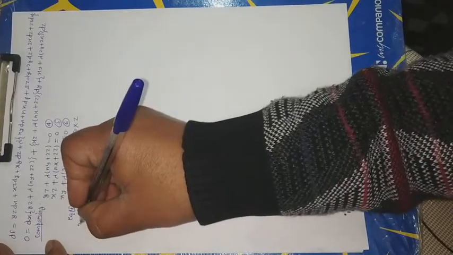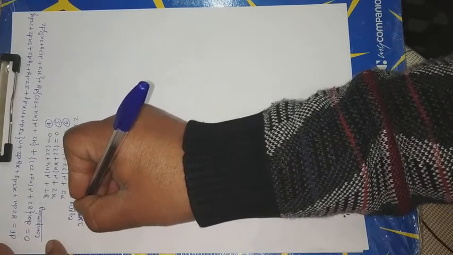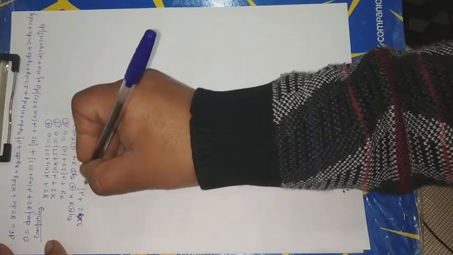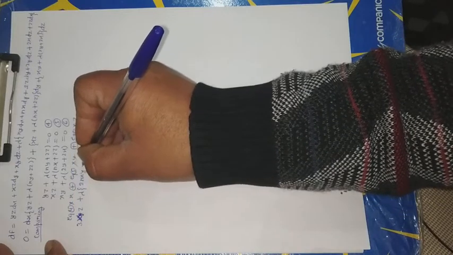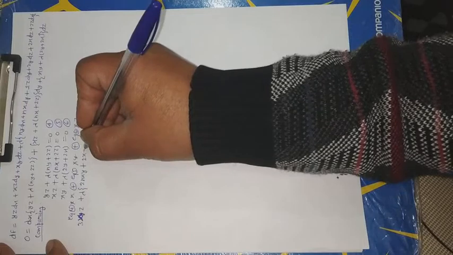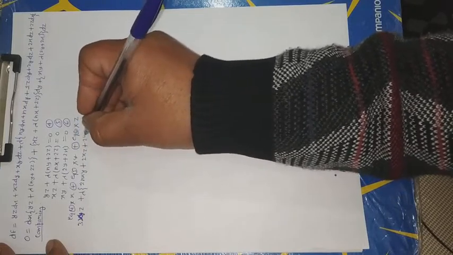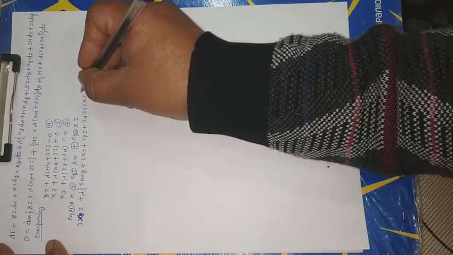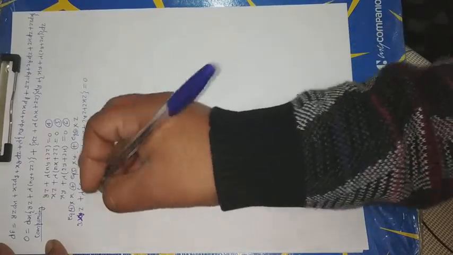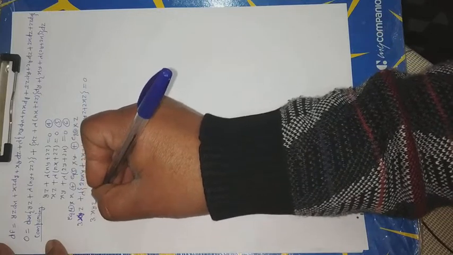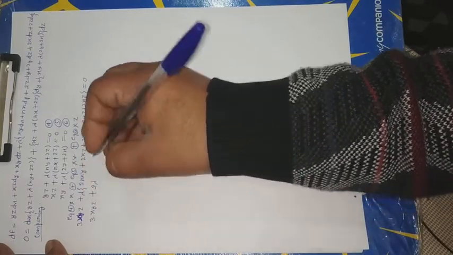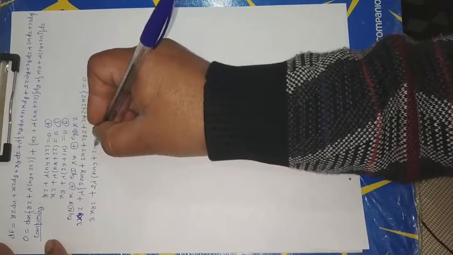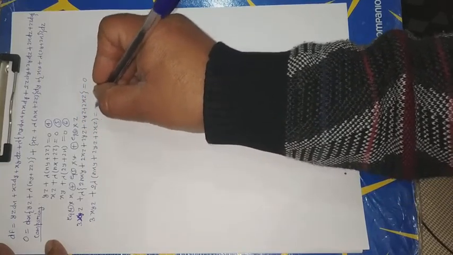Then we get 3xyz plus lambda(2nxy plus 2xz plus 2yz) equal to 0. That is 3xyz plus 2 lambda(nxy plus 2yz plus 2xz) equal to 0.